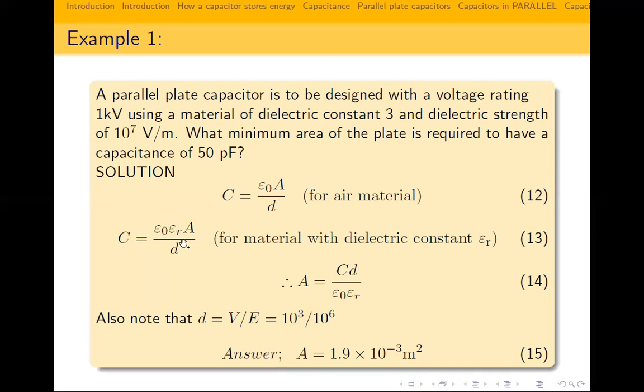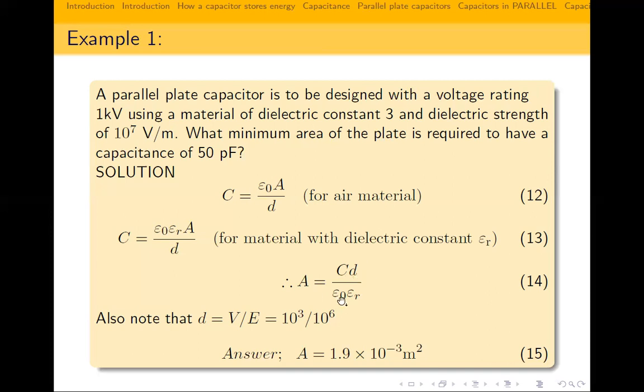From here, we simply make cross-sectional area the subject. Do we have the capacitance C? Yes, we have. Capacitance C is 50 picofarads. The distance between the plates, do we know? Okay, it can be calculated.